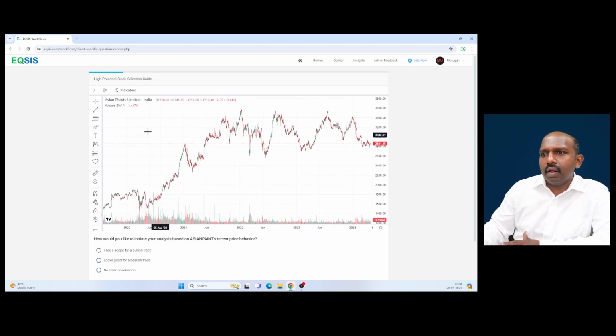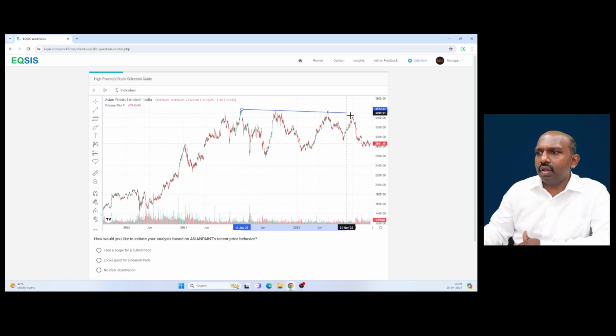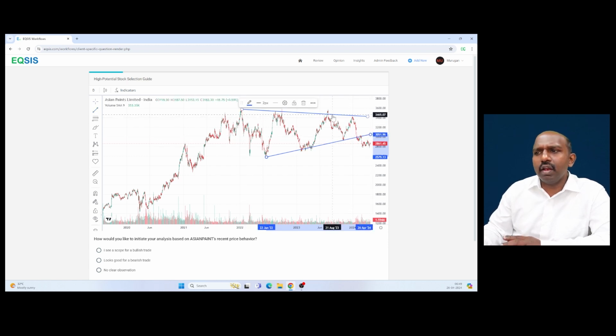The primary reason we keep this particular stock on the high potential stock list is that, considering the last 2 years of price behavior, we see a consolidation happening. And if you look at the bottom here, it is again taking a kind of peak here. So it is a solid consolidation after a decade long bullish behavior. The stock took about 1.5 years or close to 2 years of consolidation, which is very natural.